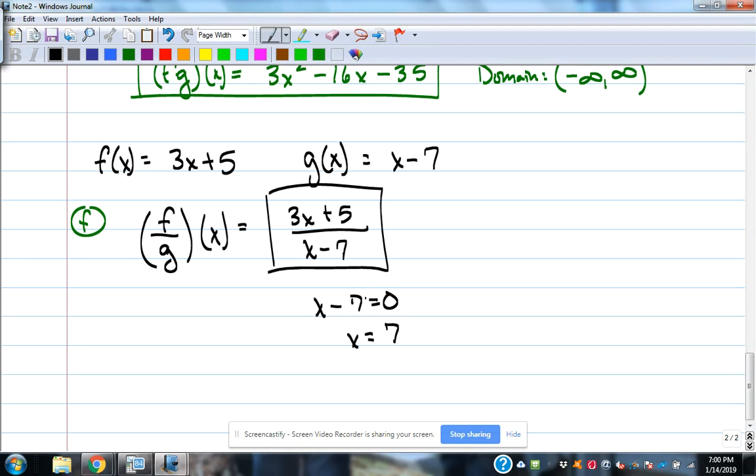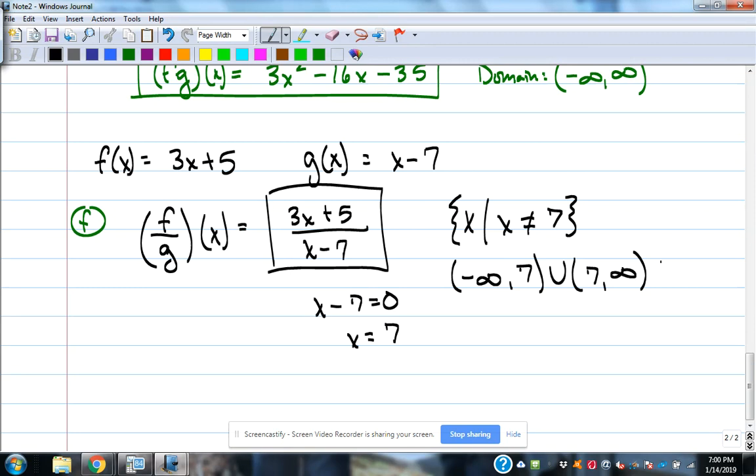And then I get positive 7. So my domain are all x's as long as x doesn't equal 7. And if I write that in interval notation, I'm going from negative infinity up to 7, skipping over the 7, and then moving on to positive infinity.